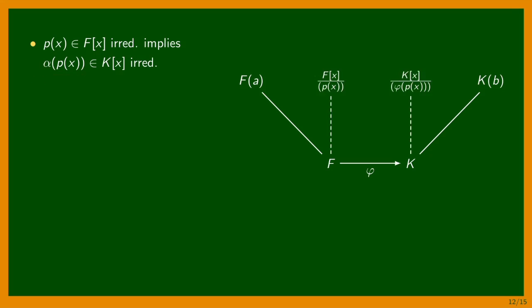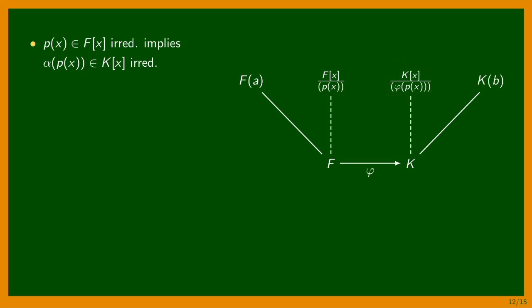In fact, pag ginawa mo yung quotient rings na ito, field yan. Kasi si P of X ay irreducible. So, yung ideal na ito ay maximal. So, pag ginawa mo yung quotient ring na ito, yan ay field. Di ba? In fact, ito yung field of cosets kung saan nakita natin yung zero nung polynomial na P of X. May zero yung P of X dito sa quotient ring na ito.